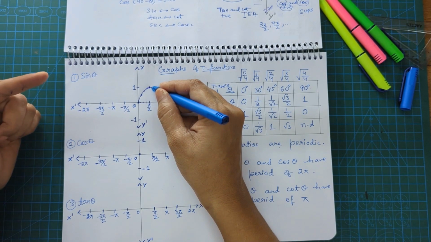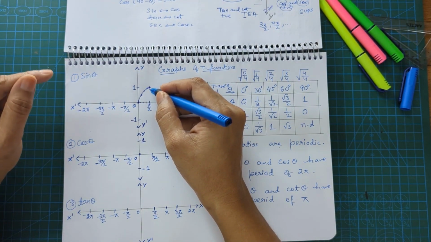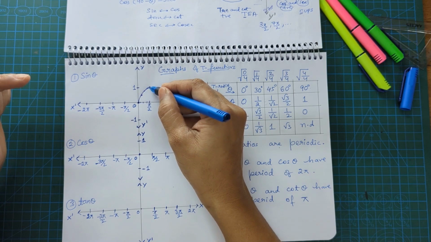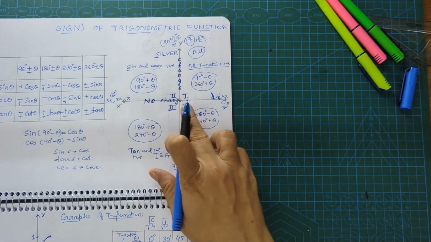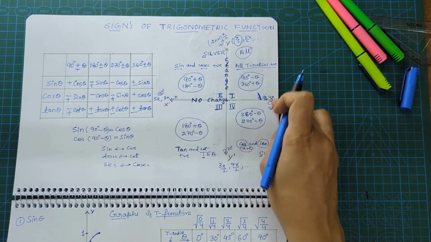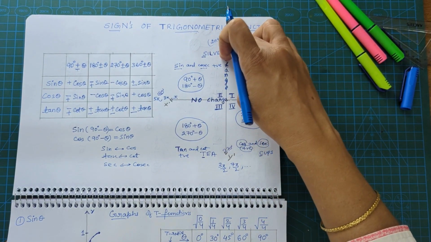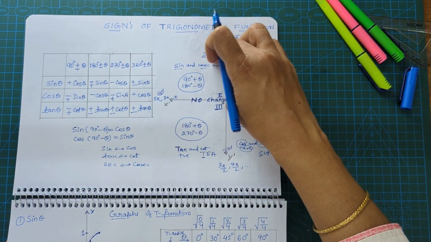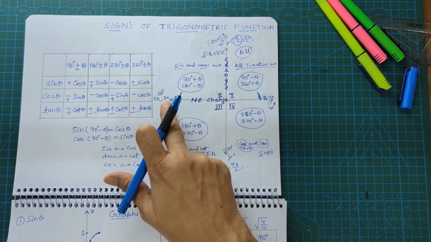In the second quadrant, I showed you in the textbook that the sine value decreases from 1 to 0. On the positive x-axis sine 0 is 0, it increases, becomes a maximum at 90. Sine 90 is 1. Then it decreases and comes to 180. Sine 180 is again 0.